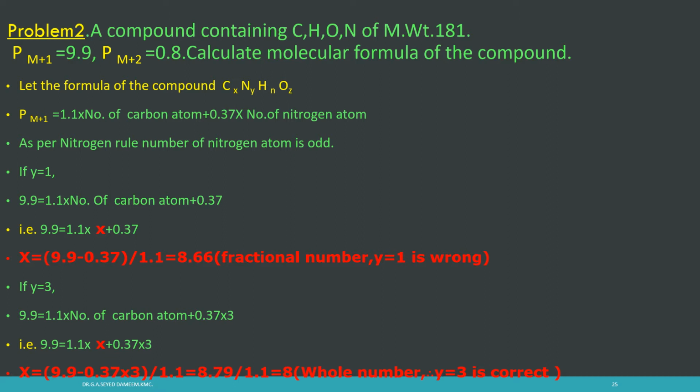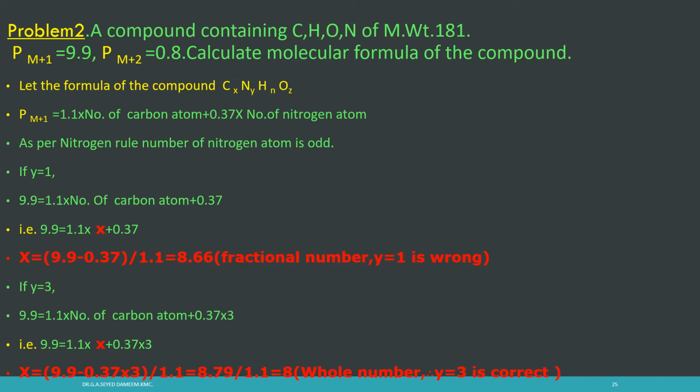Calculate the molecular formula of the compound. Let the formula of the compound be CxNyHnOz. x is the number of carbon atoms, y is the number of nitrogen atoms, n is the number of hydrogen atoms, and z is the number of oxygen atoms in the formula.